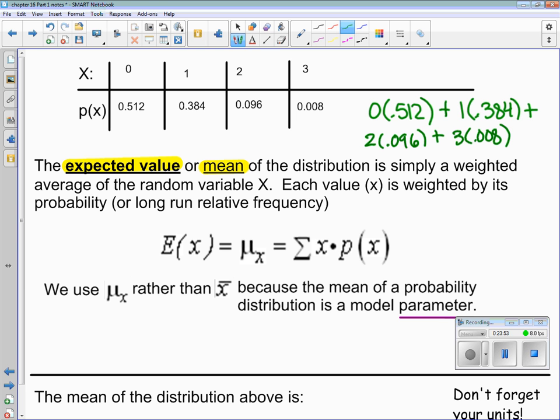Or, shortcut-wise, if we ever want to check our answers, do you remember what we did? So where do I get to the L1? Stat edit, good, okay. And we'll plug into L1 our what? Our outcomes, our X's, 0, 1, 2, 3. And then in list 2, we'll put our probabilities.